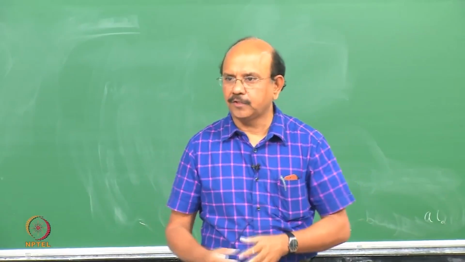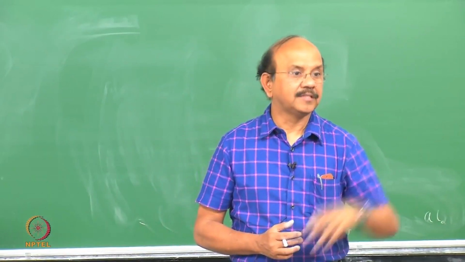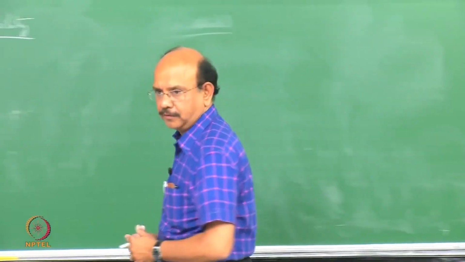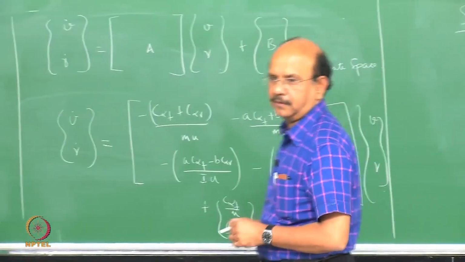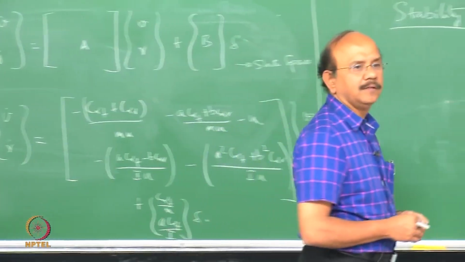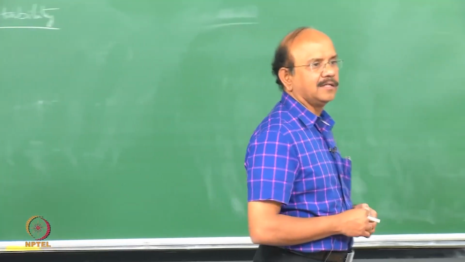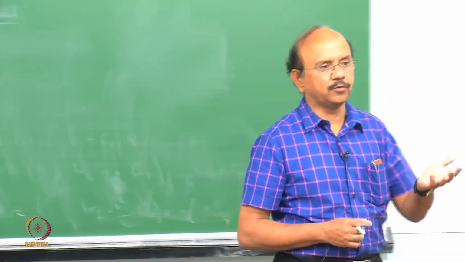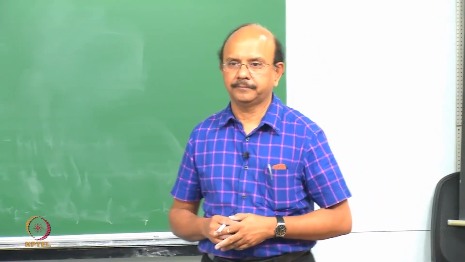You give a perturbation to the system, and the system returns back to its equilibrium position. What is an equilibrium position? The system continues to be in that position unless it is forced to move out due to an input.